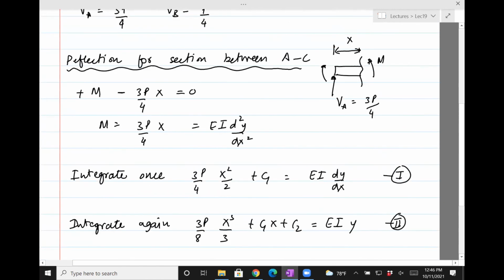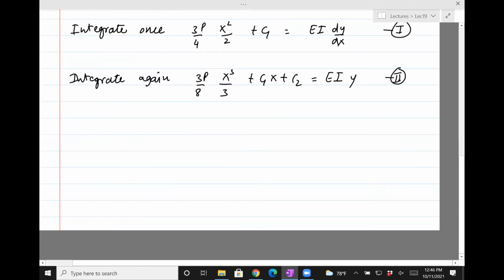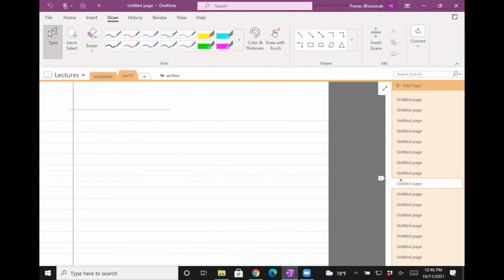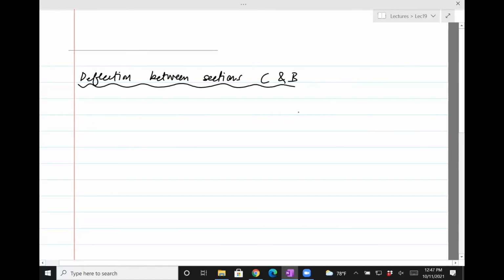So let's take the deflection for the section between C and B. Here's the beam beyond point C. PA is 3P divided by 4. This is my M, this is x.